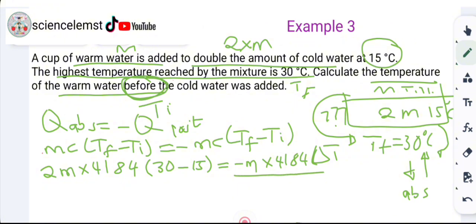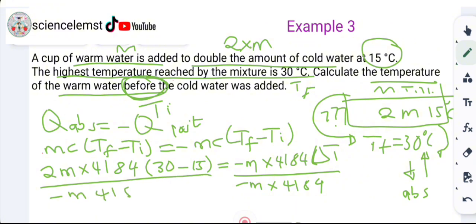I'm going to divide this side by negative m multiplied by 4184. I'm going to divide this side also by negative m multiplied by 4184. m cancels m, negative cancels negative, this cancels that.